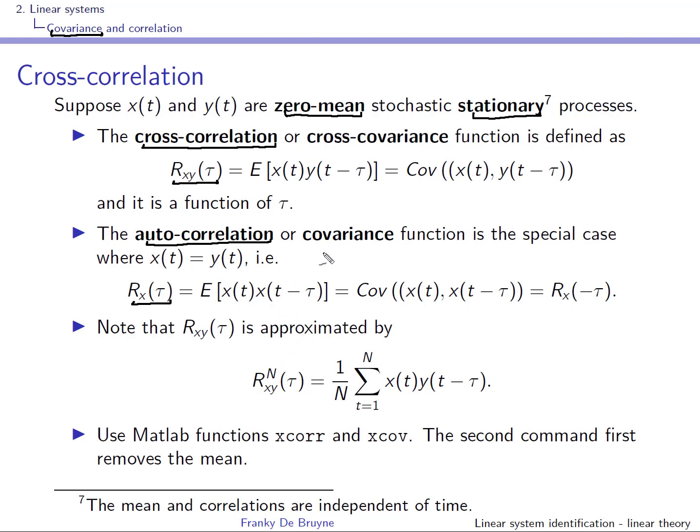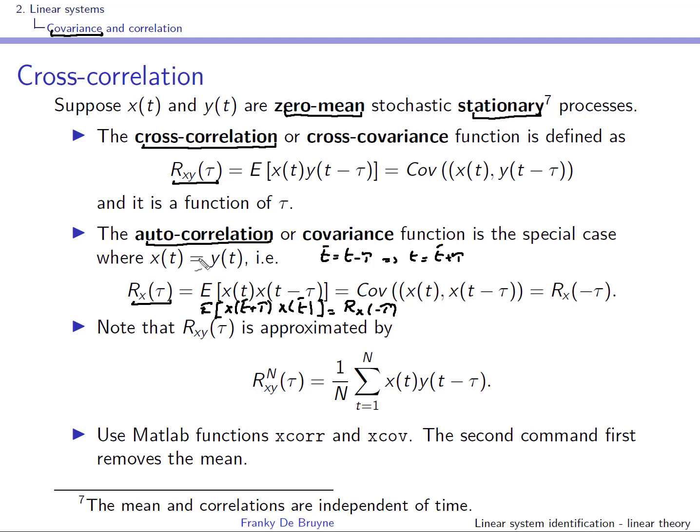Here, if we do a change of notation, t bar is equal to t minus tau, so obviously t is equal to t bar plus tau. We have here that this is really the expected value of x of t bar plus tau, x of t bar, and this is equal to the autocorrelation function of minus tau.